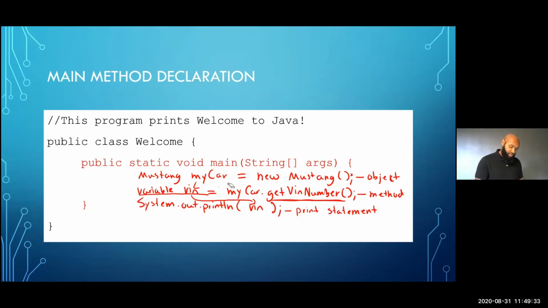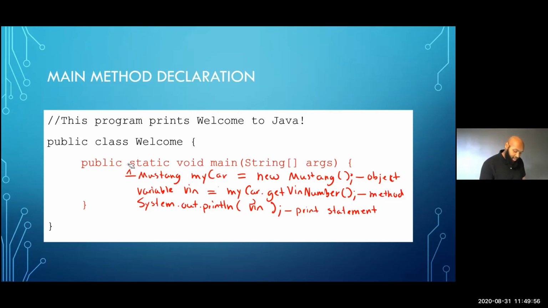Just run through that real quick again. So the first thing I did was create my object, right? Mustang my car equals new Mustang. And my car is the name of my object. So anytime I want to call a variable or call a method, I must use my car.